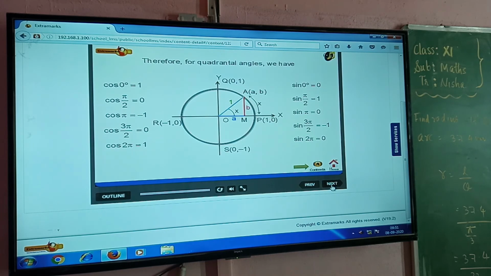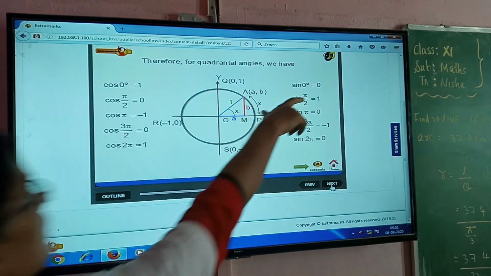Sin pi by 2, sin 90 degrees, is equal to 1. Sin pi you are going to study now. What is sin pi? 0. And sin 3 pi by 2, that means sin 270 degrees, is equal to negative 1, and sin 2 pi is equal to sin 0 itself, since 2 pi means 360 degrees. So sin 2 pi is equal to 0. So study these values by heart.